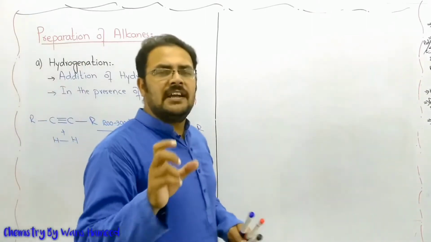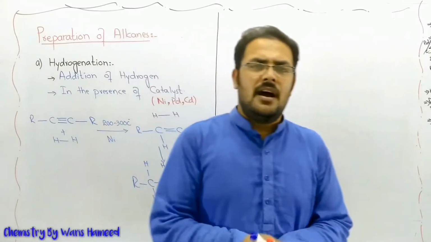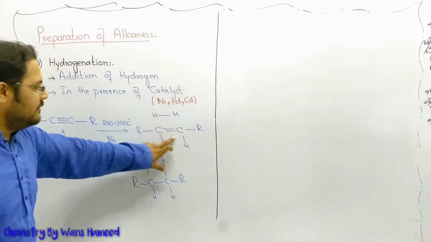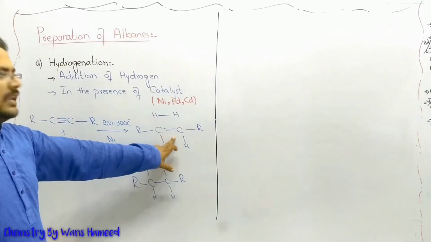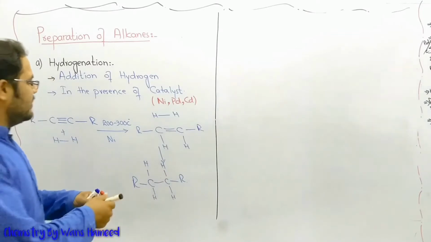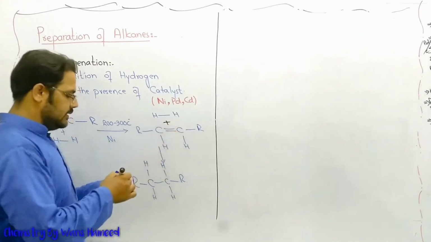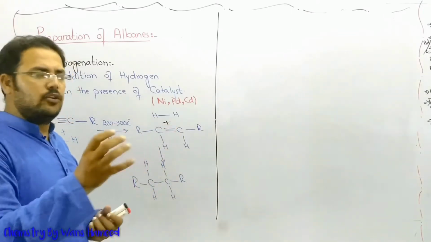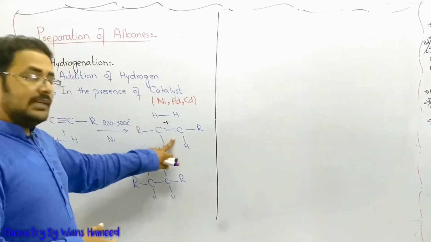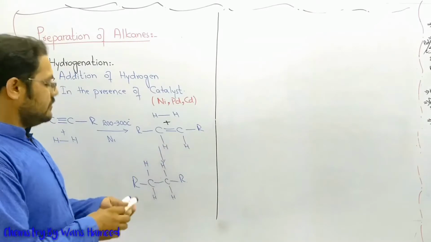It is a complete hydrogenation of alkyne, or we can say that we are doing hydrogenation of alkene, and when we perform hydrogenation on any alkene, it will convert into alkane. We add one mole of hydrogen to the alkene.